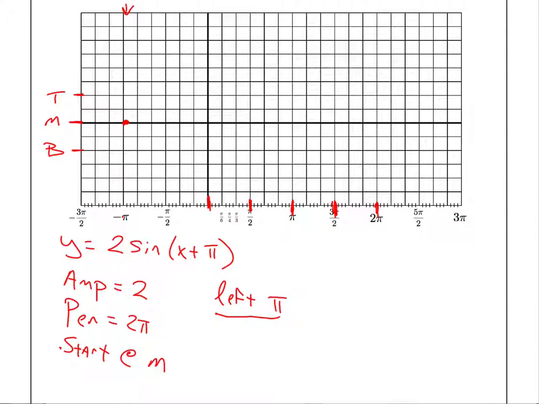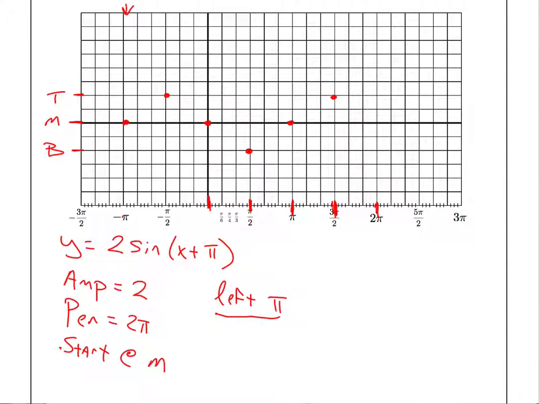Notice when I broke up the period, that tells me how far apart everything needs to be. So how far do I need to go to get to my next spot? 3. So if I go 3, am I going to be at the top or the bottom? I'm going to be at the top. How do I know I'm at the top versus the bottom? Because we were dealing with a positive sine. Positive sine tells me I go to the top first. I go 3 more, I'm back to the middle. 3 more, I'm at the bottom. 3 more, middle. 3 more, I'm at the top.